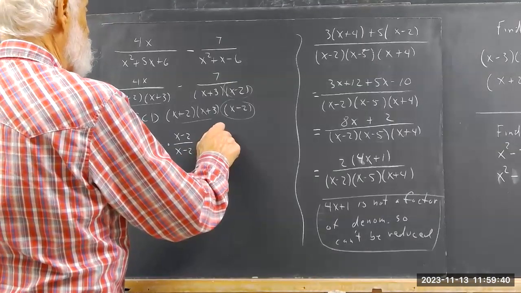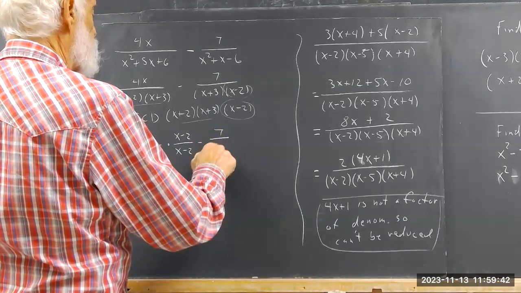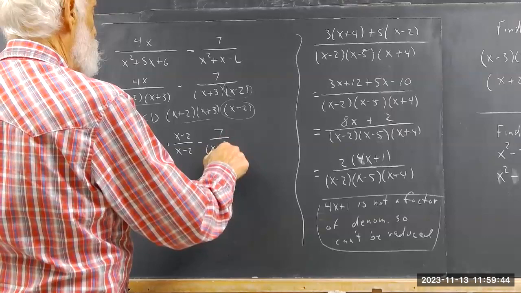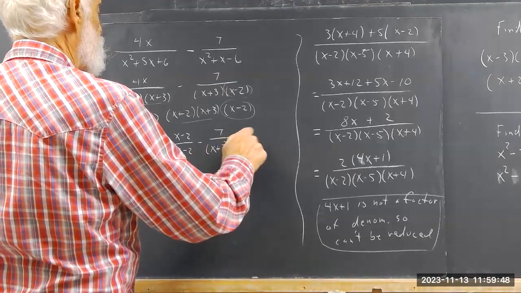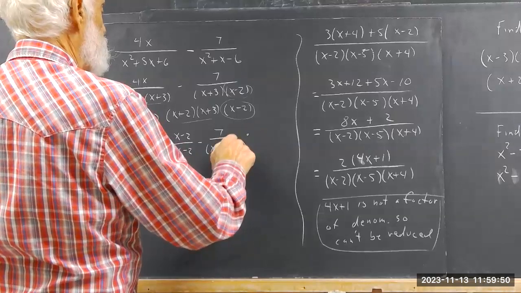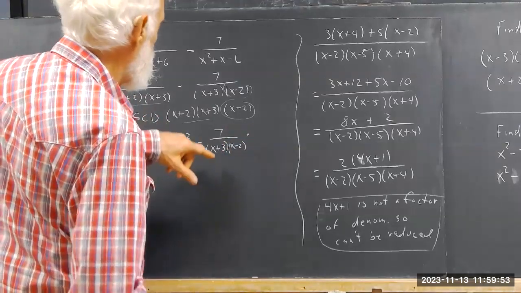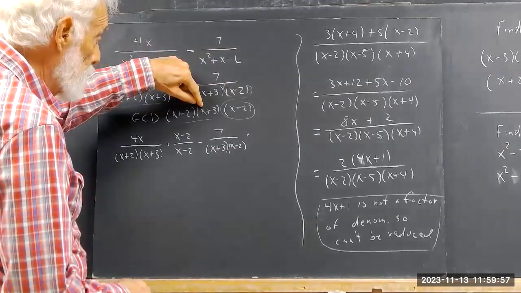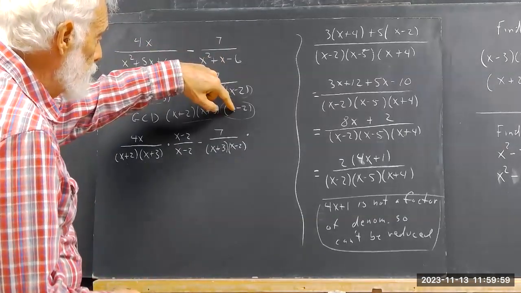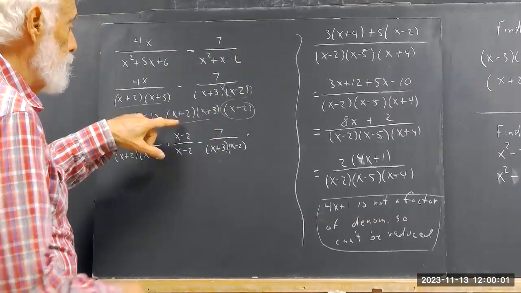Then we have minus 7 over x plus 3 times x minus 2. And that's got to be multiplied by what? Okay. We need this denominator. We've got x plus 3. We've got the x minus 2 here. We need the x plus 2.